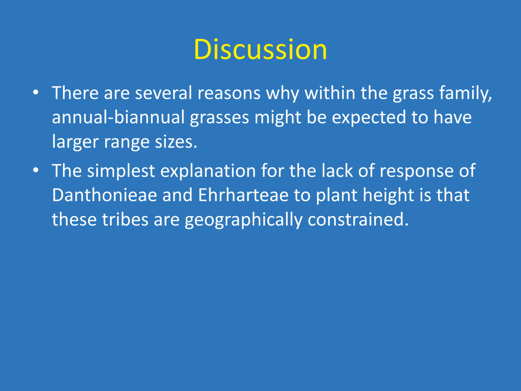The simplest explanation for the lack of response of the Danthonieae and Ehrharteae to plant height is that these tribes are geographically constrained. No matter how good tall C3 grasses are at dispersing, if the appropriate environments are not available, the range size will inevitably be constrained.